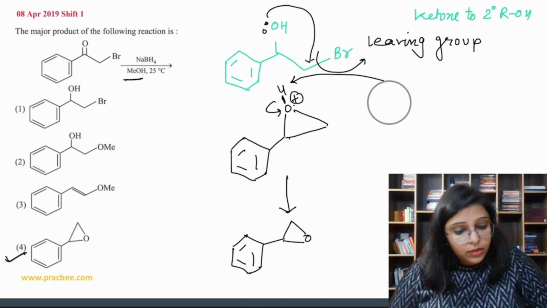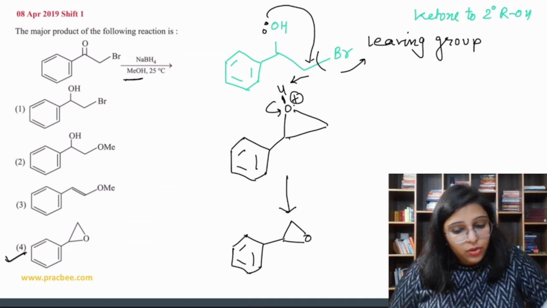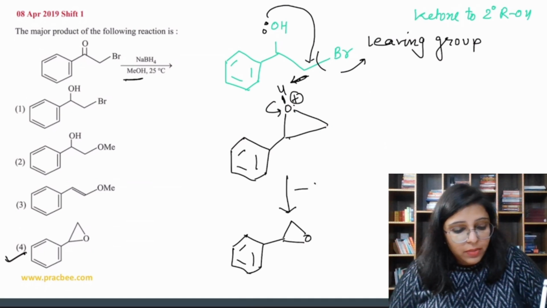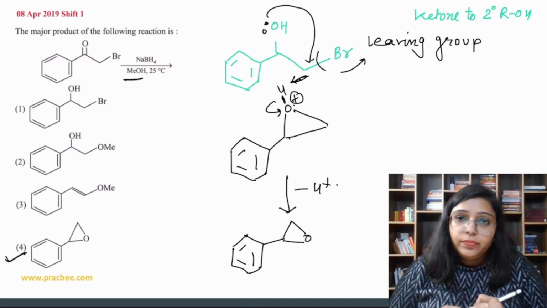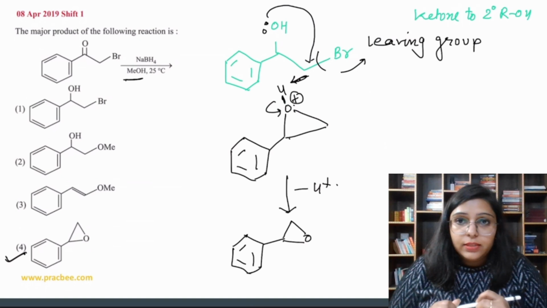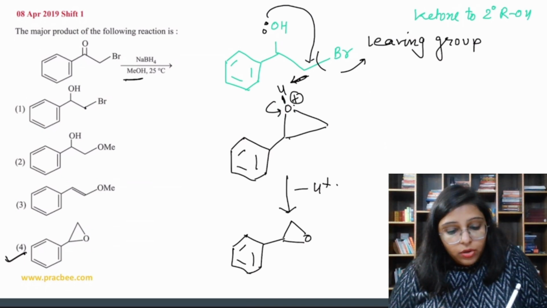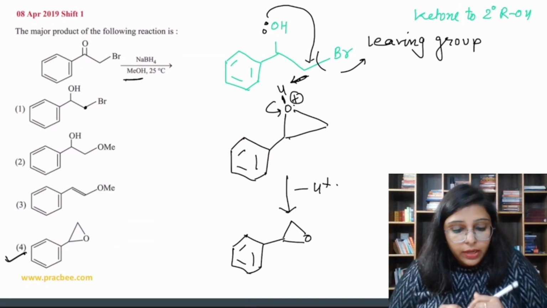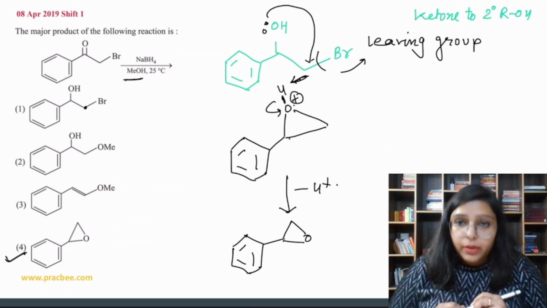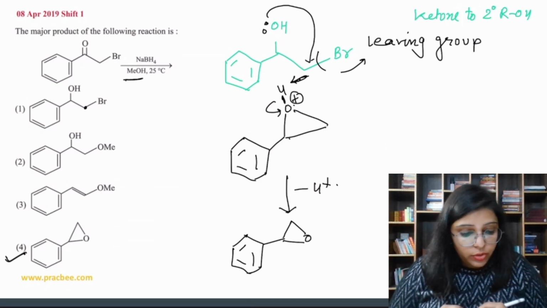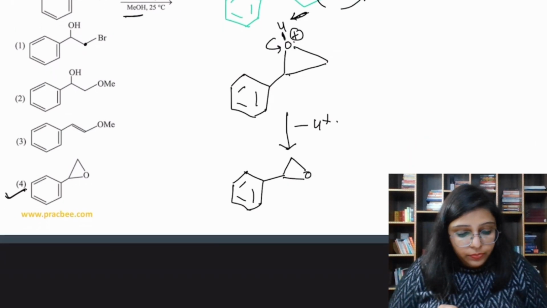Clear? Now if you take OCH3 minus, or what we can say minus H plus, that's it. Because now OMe minus cannot attack over here. So this kind of attack is going to happen. Option 4 is going to be the correct answer.